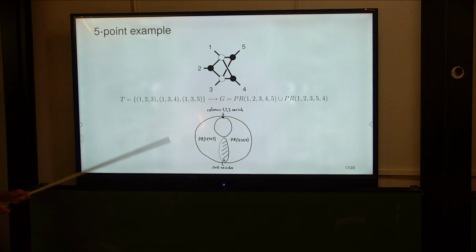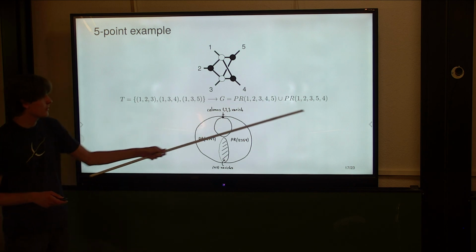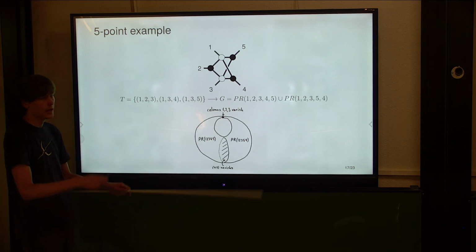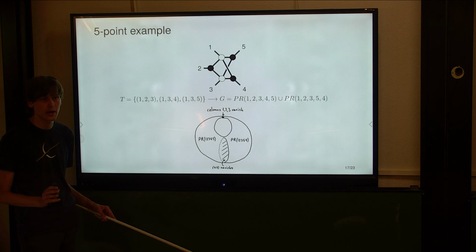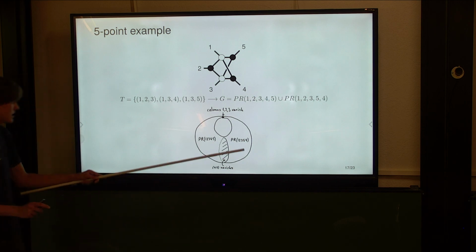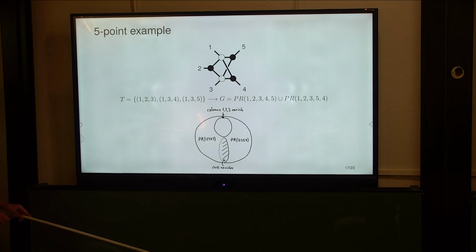At 5 points, if we have this set of triplets, we have this pair of extensions, and having spent some time trying to come up with some intuition for what these spaces might look like, we came up with this kind of picture where this is a 6-dimensional space, and so here I have a projection onto something much lower dimensional.